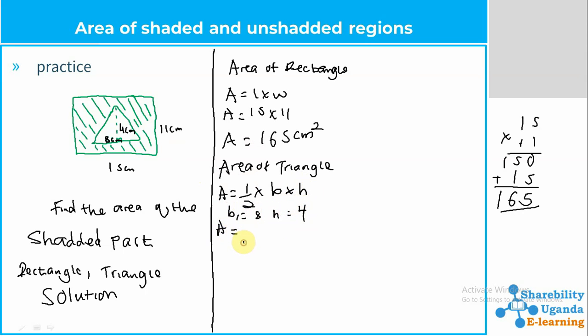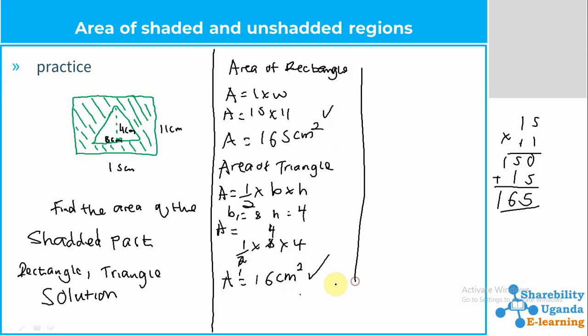So that simply means we shall have a half times 8 times 4. By 2 we cancel, by 2 here we get 4. So now our area should be equal to 4 times 4, we get 16 centimeters squared. Okay, so now this is the area for a rectangle and a triangle.